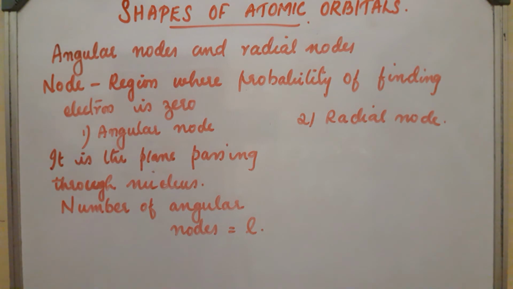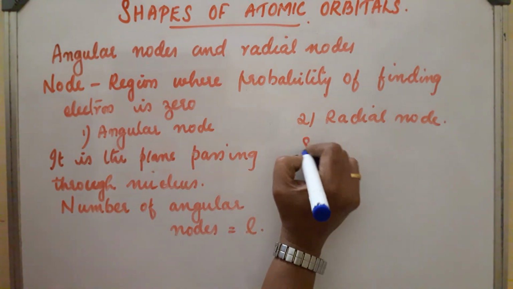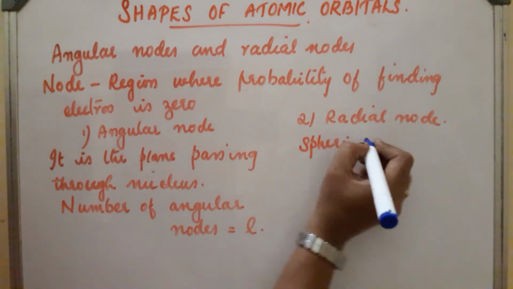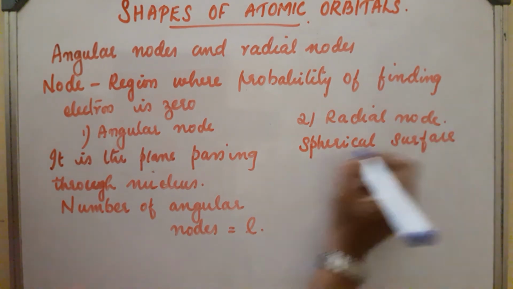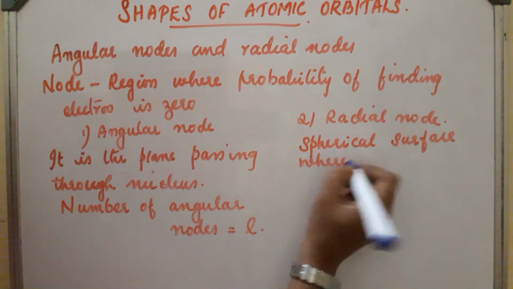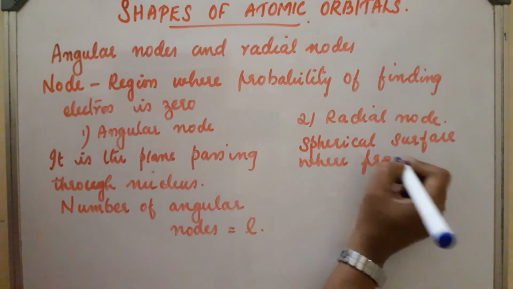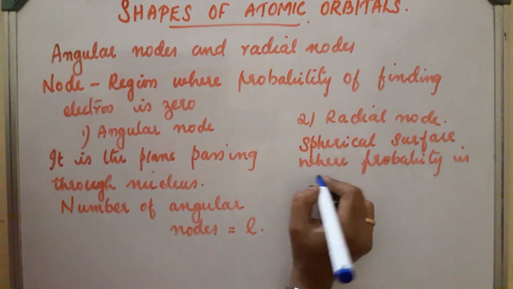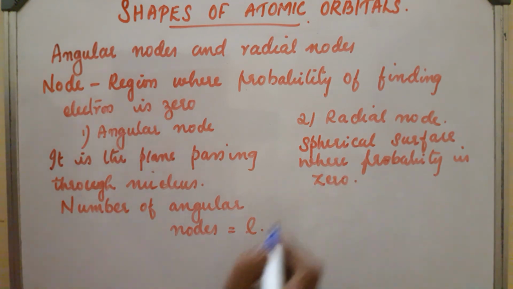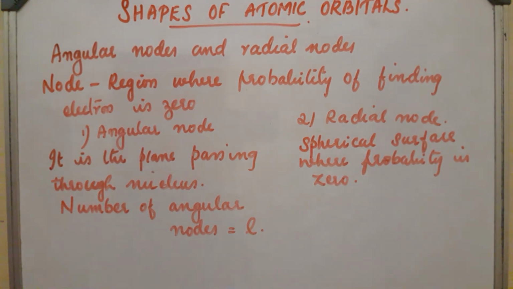And now what is a radial node? It's the spherical surface where the probability of finding the electron is 0. The number of radial nodes increases as n value increases.